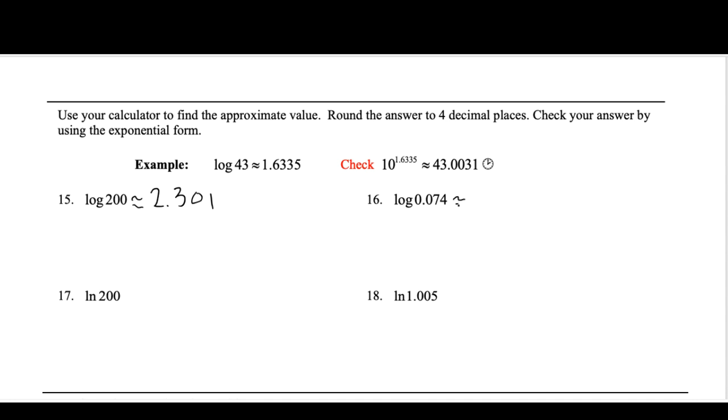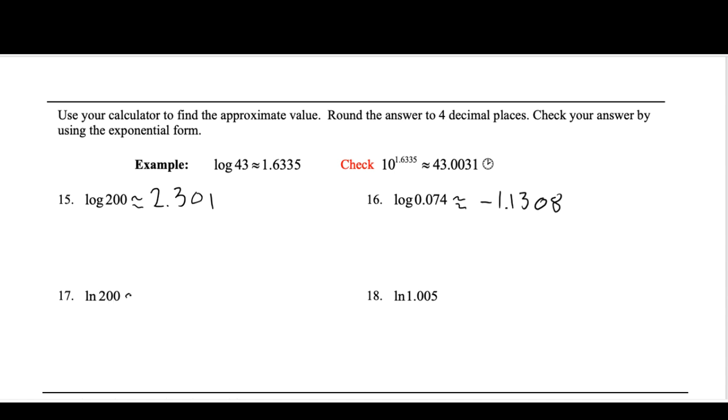Not obvious what that is, but your calculator would tell you that's equal to about negative 1.1308. Okay? Again, I would have your calculator verify these numbers. ln 200. That would be saying take a base of e raised to what power is equal to 200, right?